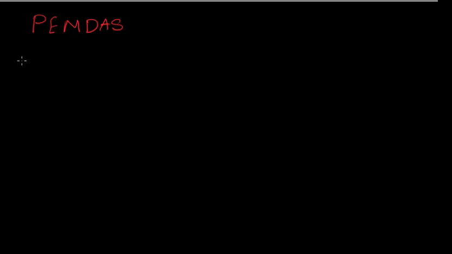Let's say we have 4 times parentheses, minus 2 over 3 plus 4 over 3. Let me change the size of my pen. Okay. With an eye on this abbreviation, we can start first taking care of parentheses, right? Minus 2 over 3 plus 4 over 3, we can add them up.